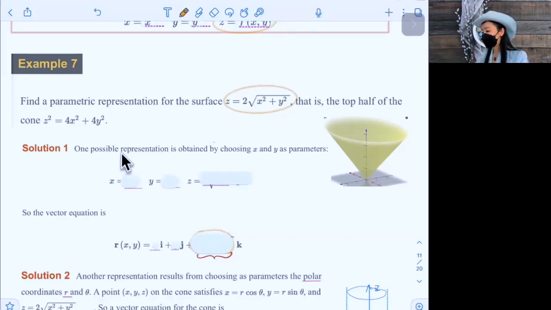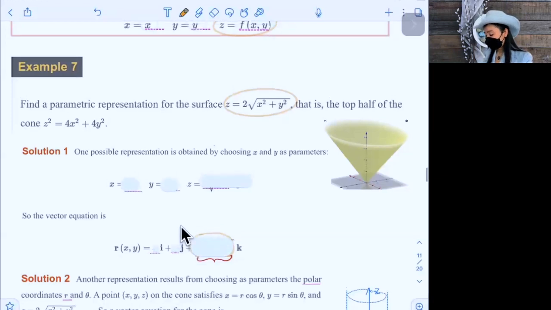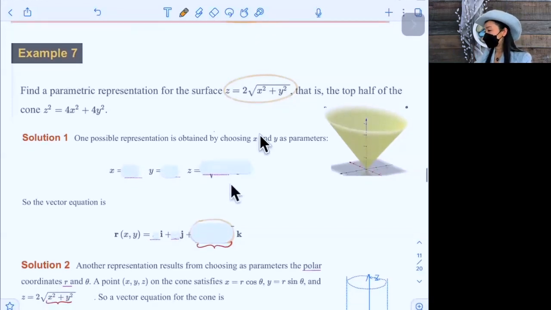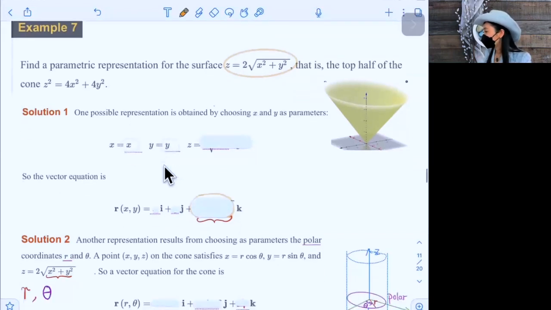The first solution. From the remark we just had, do you notice that here z is a function of x and y, isn't it? So one possible representation is x equal to x, y equal to y, and z equal to 2 square root of x squared plus y squared, right?